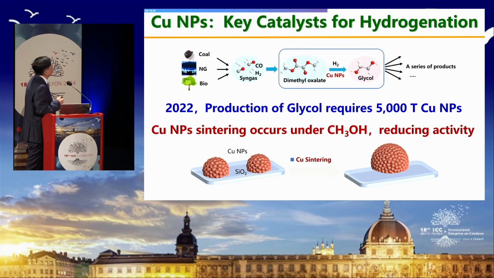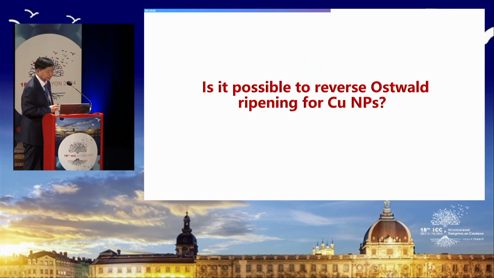Just 2 years ago, even the China market needed at least 5,000 tons of copper nanoparticle catalyst. But copper nanoparticles sinter easily, especially under methanol conditions, reducing the activity.